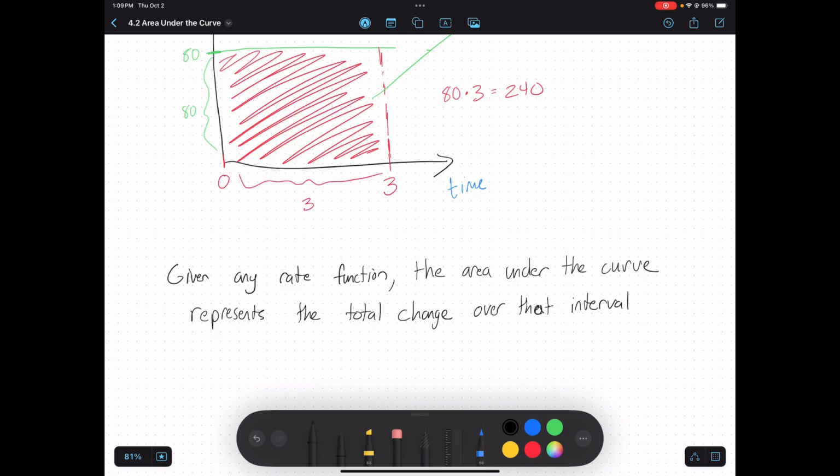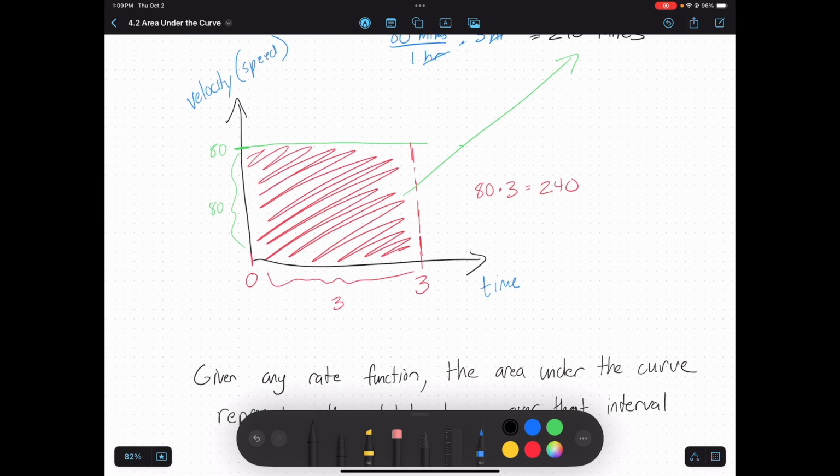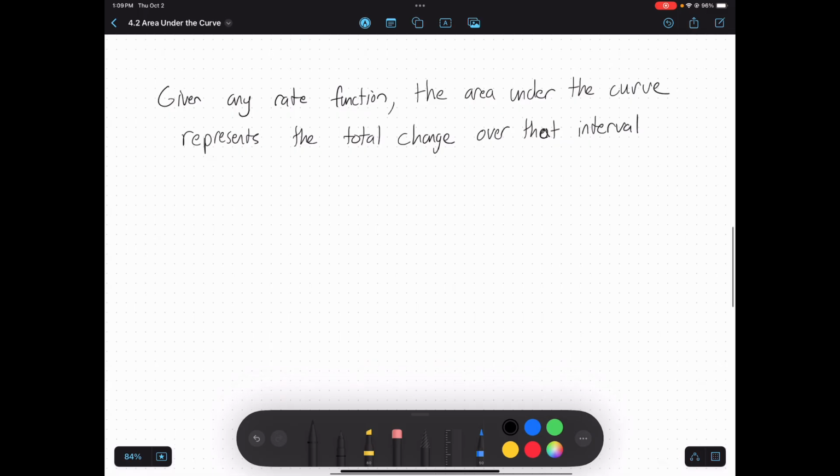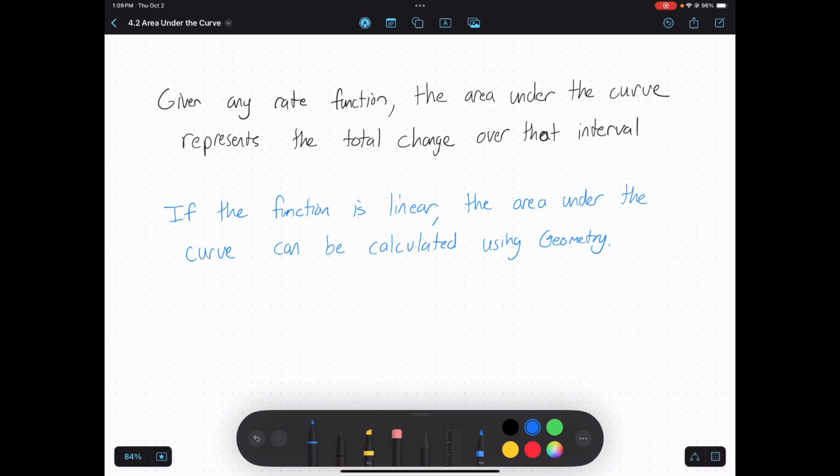So it then leads to the question of, okay, how do I calculate area under the curve? Well, in this example, it's really simple. Why? Because the area that I was trying to calculate was a nice geometric shape. And that's actually true for any linear function. If the function is linear, then I can calculate the area under the curve using just geometry.